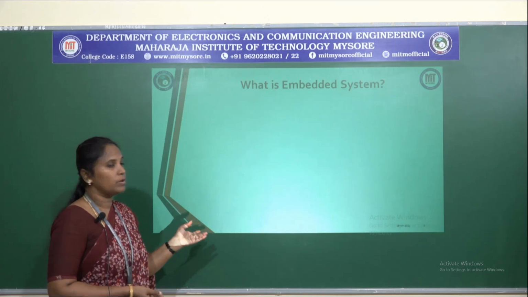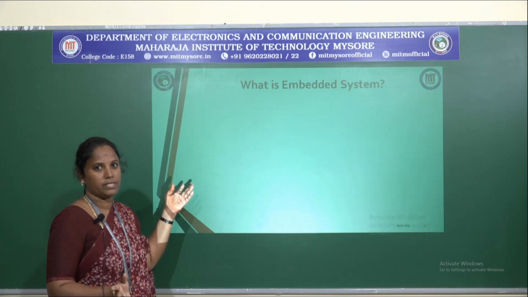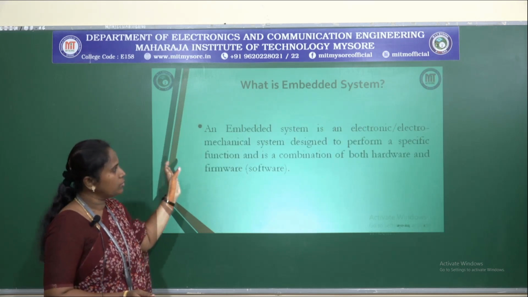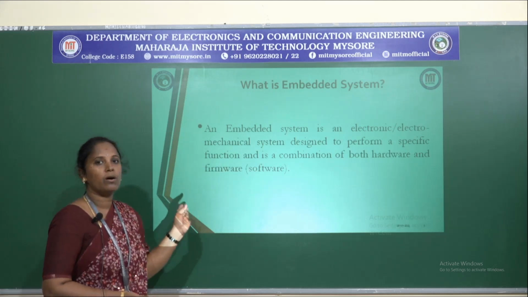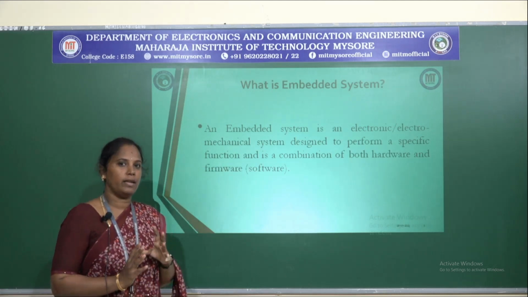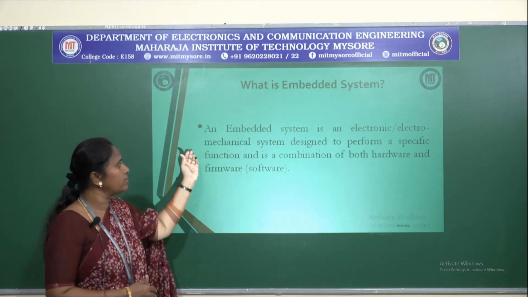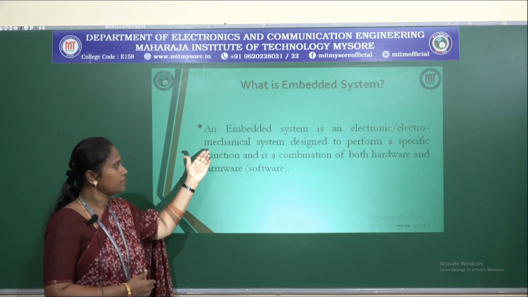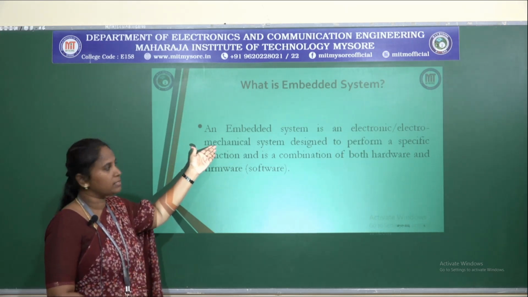Now, what is an embedded system? This is just a revision of what we discussed in the previous class. As we defined yesterday, it is an electronic or electromechanical system. That means it doesn't consist of only electronic components, but also a mechanical system: a combination of electronic plus mechanical system.